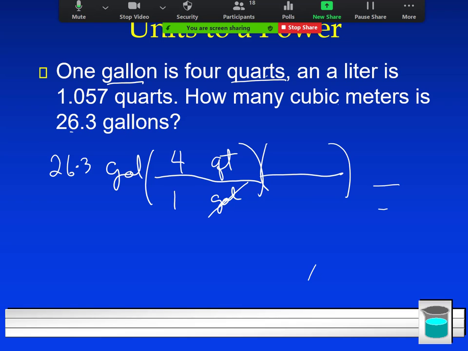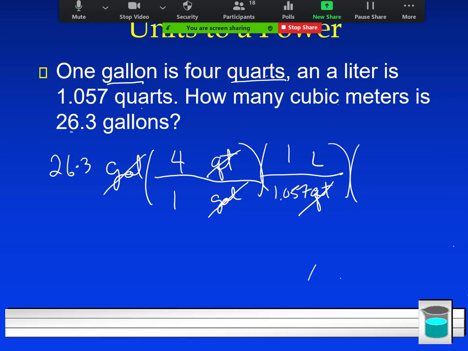Now my gallons are gone, so I can get rid of quarts. What can I turn quarts into? Quarts I can turn into liters, because 1 liter is 1.057 quarts. Got rid of quarts.